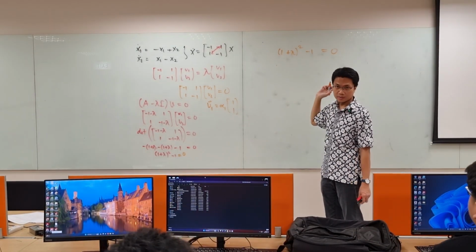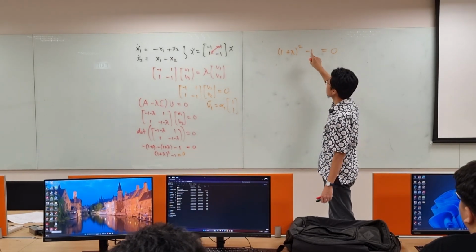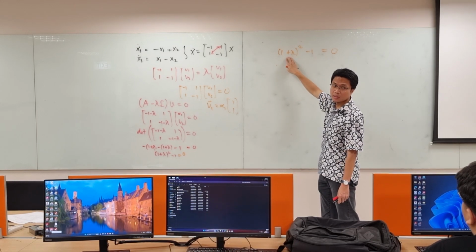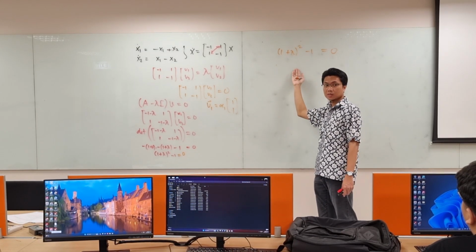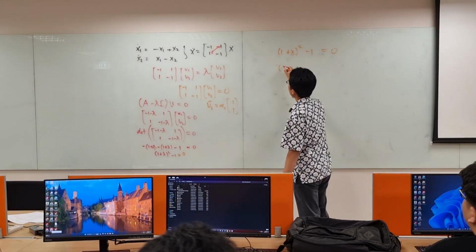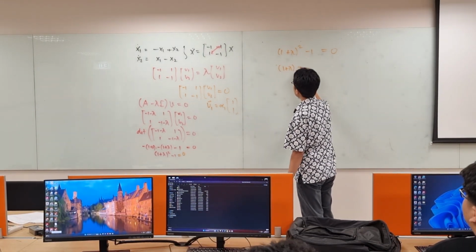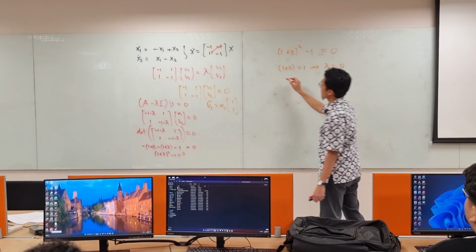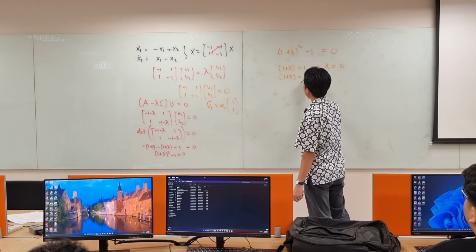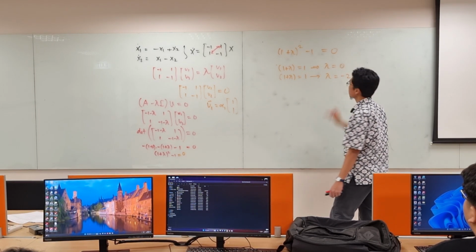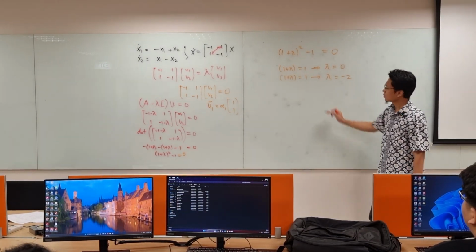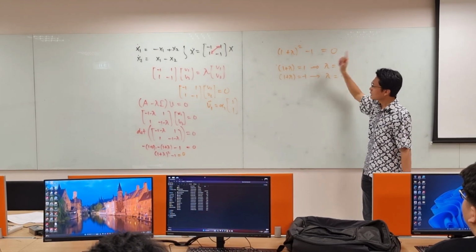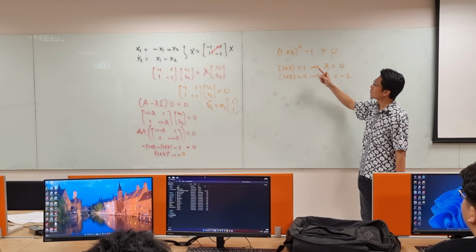And because this is minus 1, we only need 1 plus lambda to be 1 or minus 1. 1 plus lambda equal to 1 is when lambda is 0. And 1 plus lambda equal to minus 1 is when lambda is minus 2. 1 squared gives 1, 1 minus 1 is 0. Minus 1 squared gives 1, 1 minus 1 is 0.